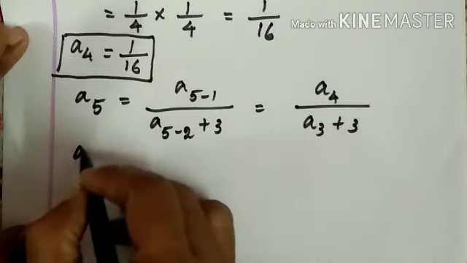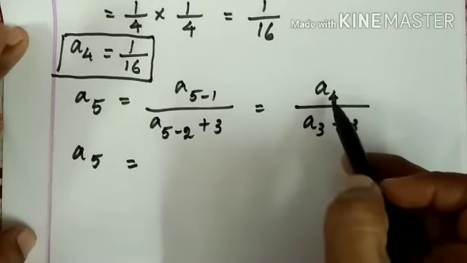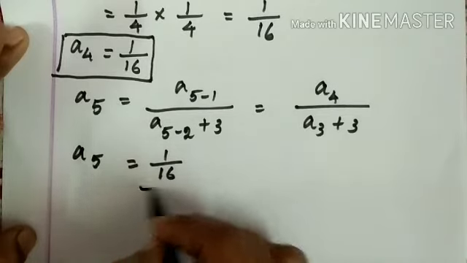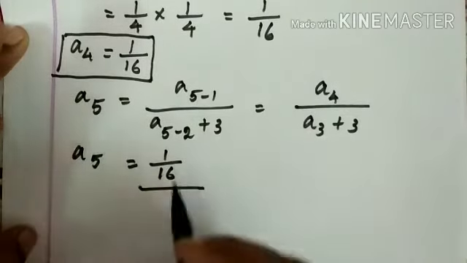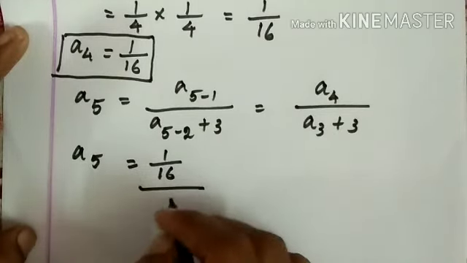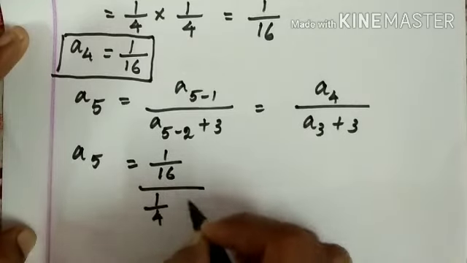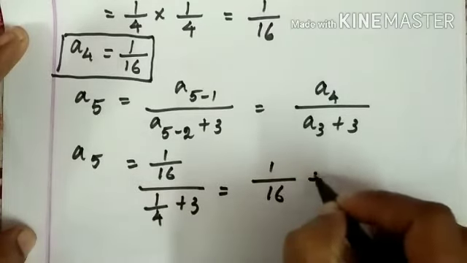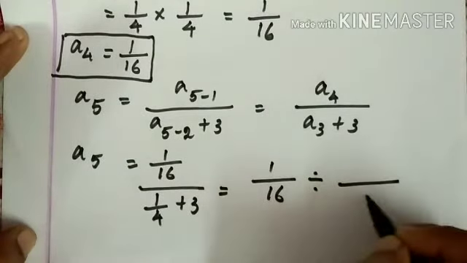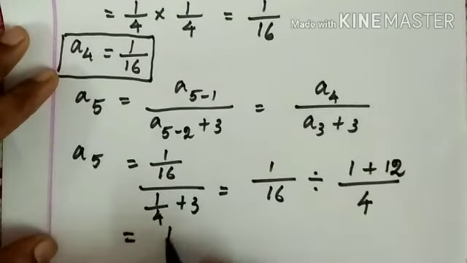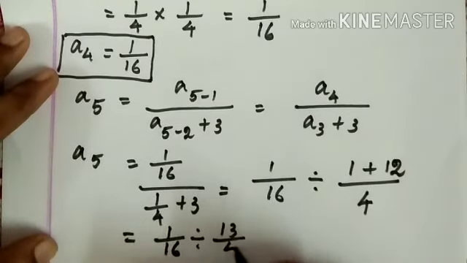That is A5 is equal to, instead of fourth term, you put previous step answer, that is 1 by 16, by, instead of third term, you put A3 value, that is 1 by 4 plus 3, is equal to 1 by 16 divided by, you take LCM for this, means we get 4, 1 plus 12 is equal to 1 by 16 divided by 13 by 4.